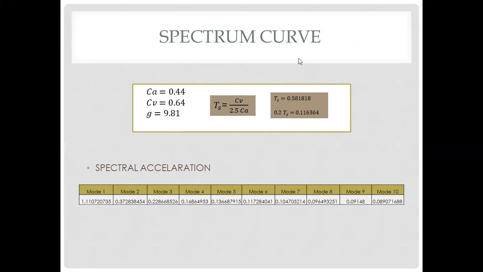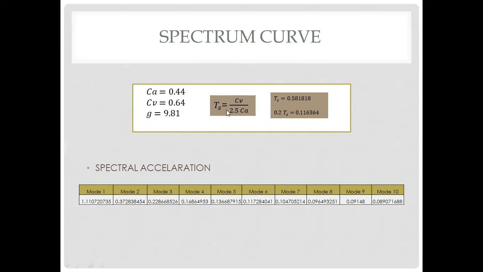So, next is the spectrum curve. So, ito na yung mga given na formula. So, CA is equals to 0.44, CV is equals to 0.64, and G is equals to 9.81.